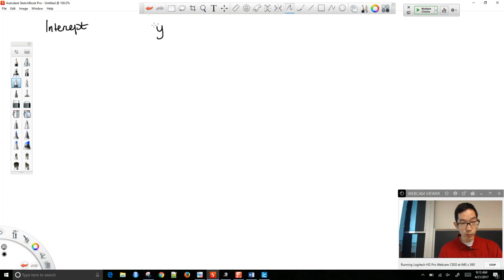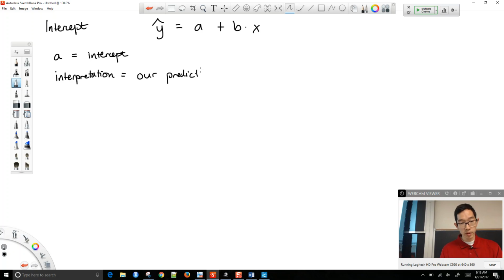If we have y hat is equal to a plus b times x, then a is the intercept, and the interpretation is our prediction for y if we plug in 0 for x.